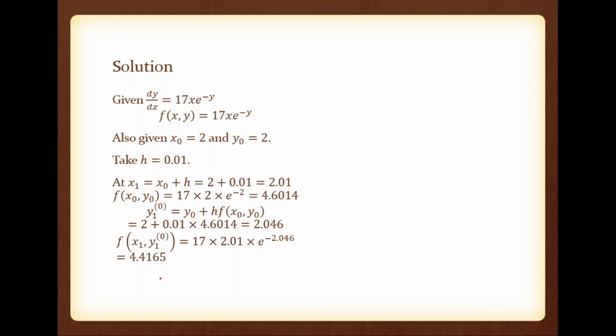So now as per modified Euler's method, y1 of 1 is equal to y0 plus h by 2 into f of x0 comma y0 plus f of x1 comma y1 of 0. This is modified Euler's method.